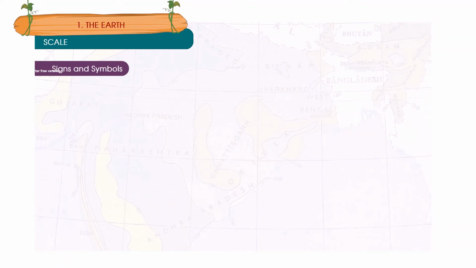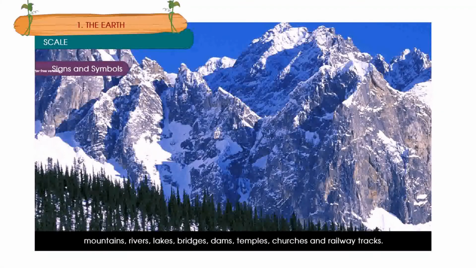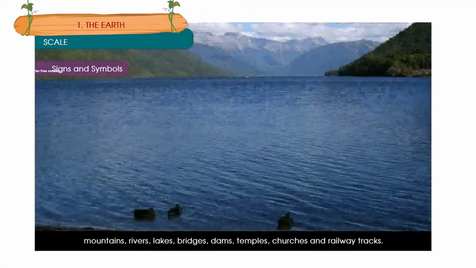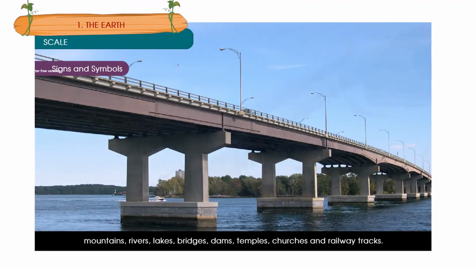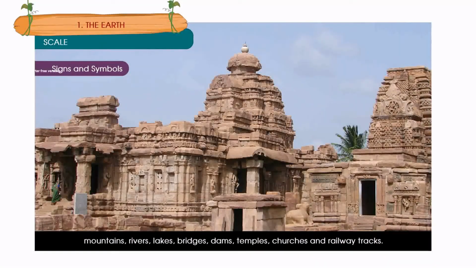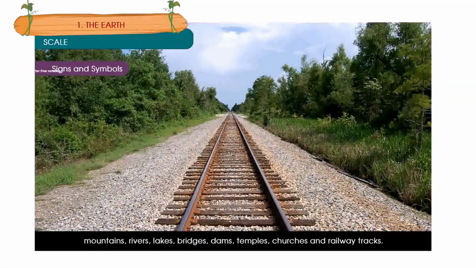Signs and symbols. There is not enough space on a map to show mountains, rivers, lakes, bridges, dams, temples, churches, and railway tracks.